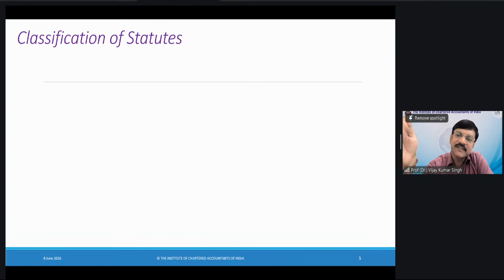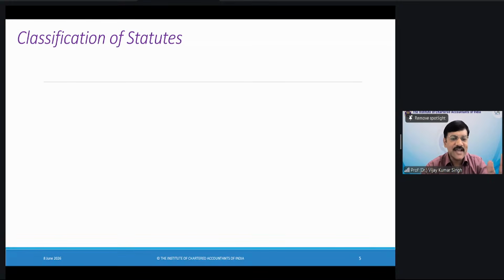However, in civil law, it is preponderance of probability, not beyond reasonable doubt. Broadly, if you have broad evidence, then a person can get the order in his or her favor. Again, taxation statutes are very strictly interpreted. So different types of statutes have different standards of interpretation, and in this context statutes are classified in different ways.